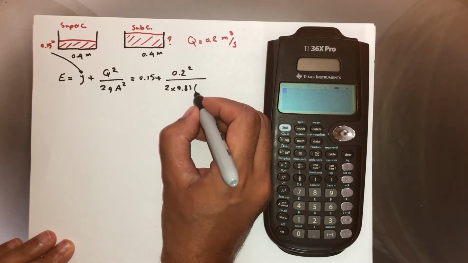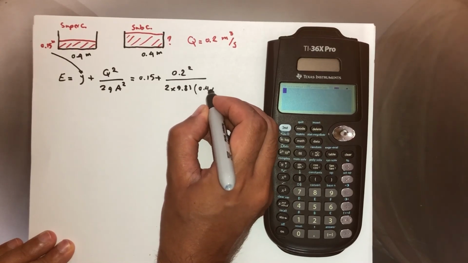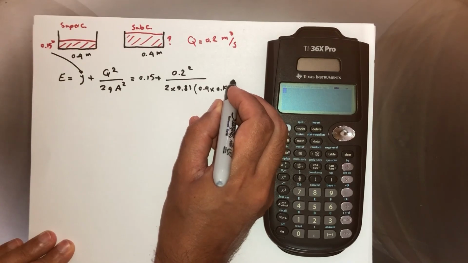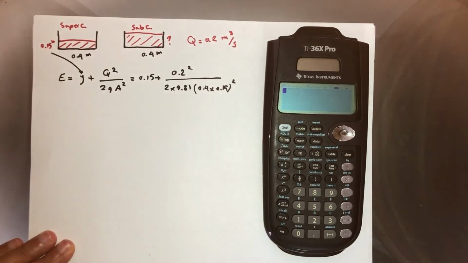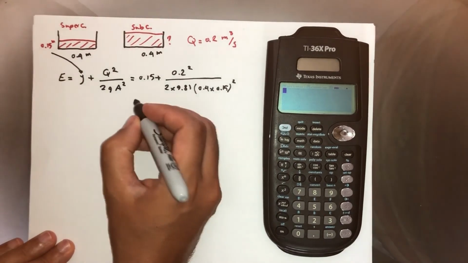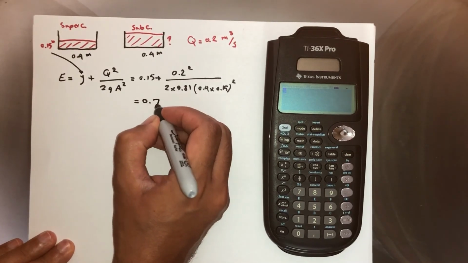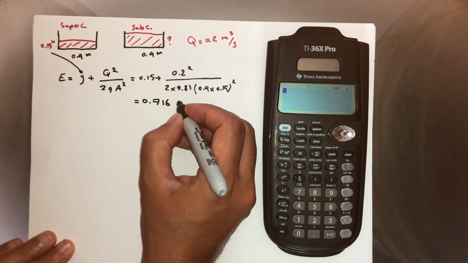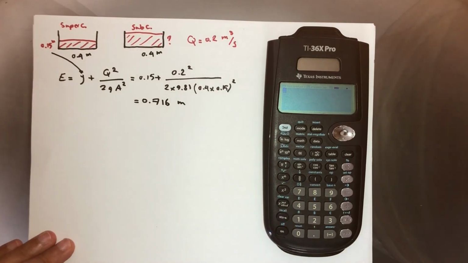And area is nothing but 0.4 times 0.15, squared for the whole thing. So this equals 0.716 meters of specific energy.